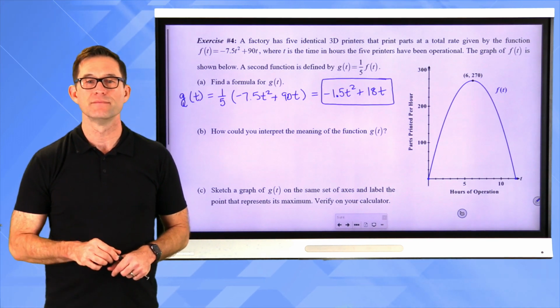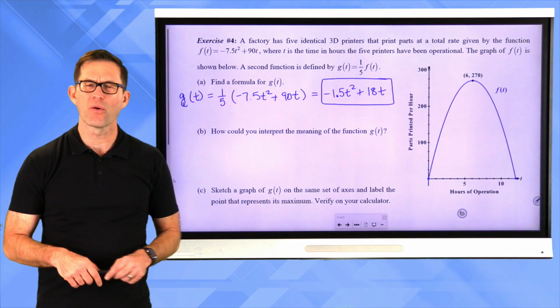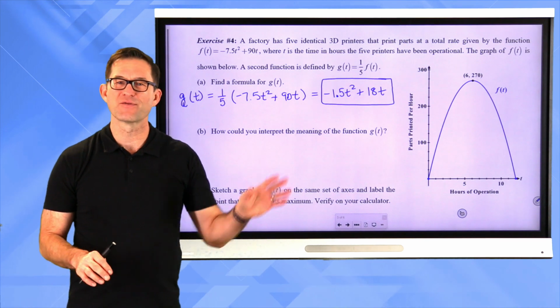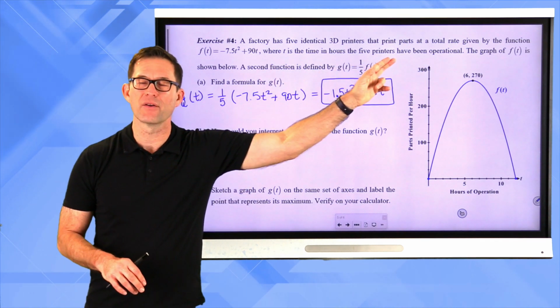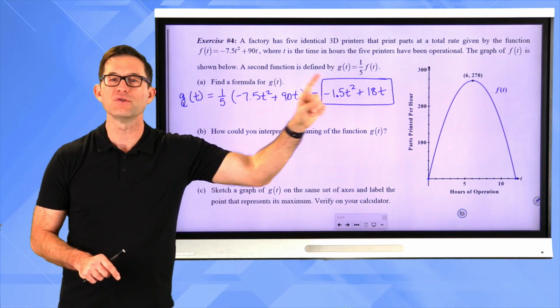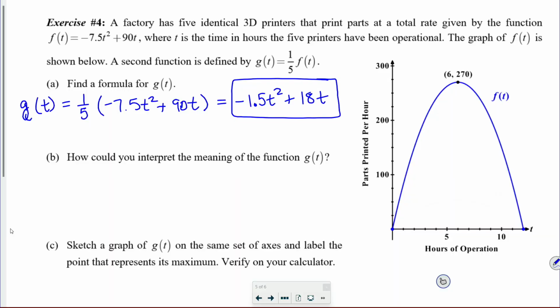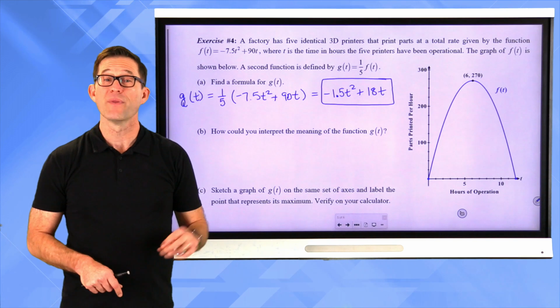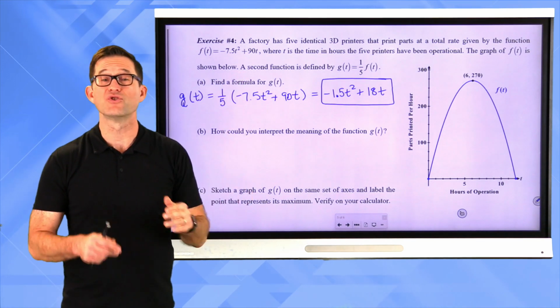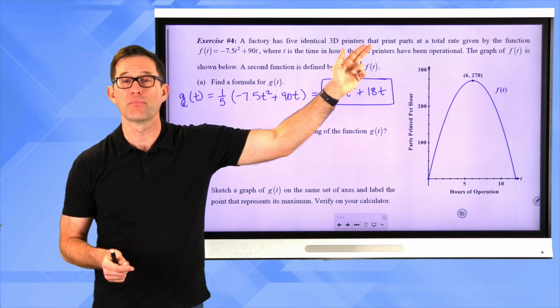Letter B. How could you interpret the meaning of the function g of t? All right, well, I want you to think about this for a second and really go back and read the setup of the problem in order to try to interpret what g of t is actually telling us. Well, remember, f of t was the total rate of 5 identical 3D printers.